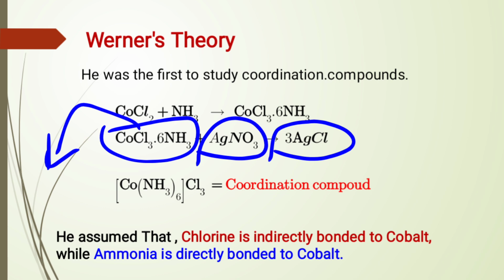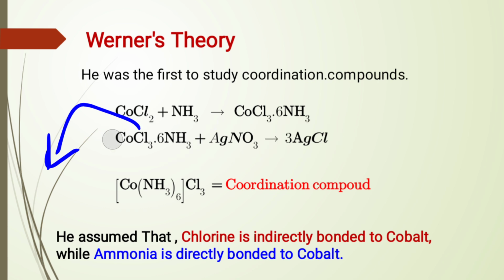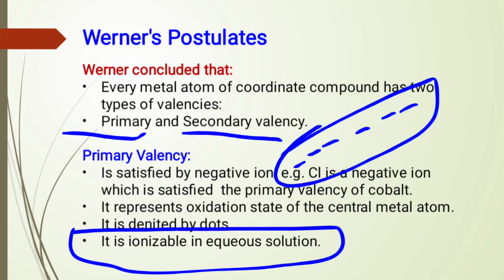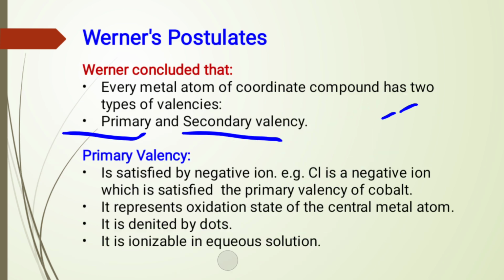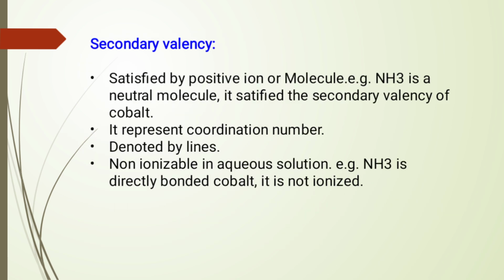All right. Then let us go and see the secondary valency. I hope you are jotting all these points. The secondary valency, which opposes the primary valency, is satisfied by ions or molecules. For example, ammonia in the previous structure is a neutral molecule, and it satisfies the secondary valency of cobalt.